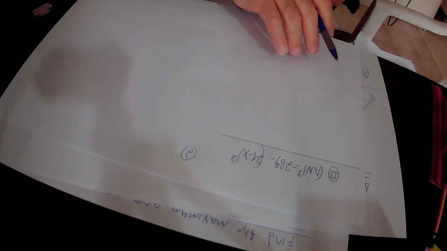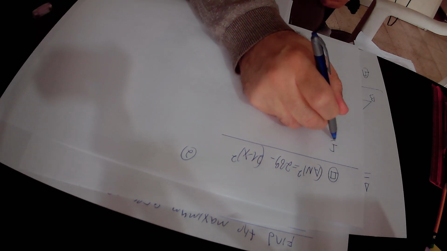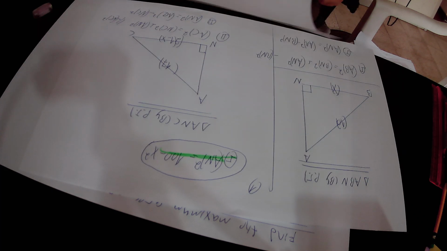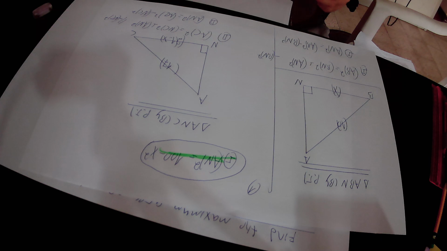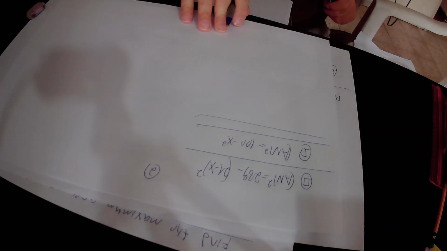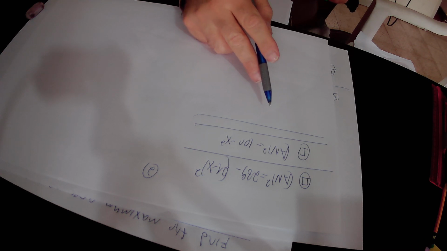This is according to equation 2, and according to equation 1, we have already found out that AN squared equals 100 minus x squared. So here are two equations for AN squared.